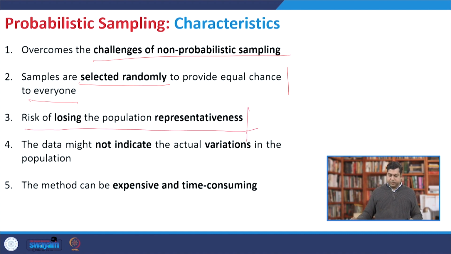Also in this case we cannot say it is totally bias free, because even when you go for cluster sampling or stratification, maybe we can miss out some important segment of the population. So this risk is always there. The data might not indicate the actual variation in the population. This is very pertinent to the clustering technique, and you should definitely capture it.